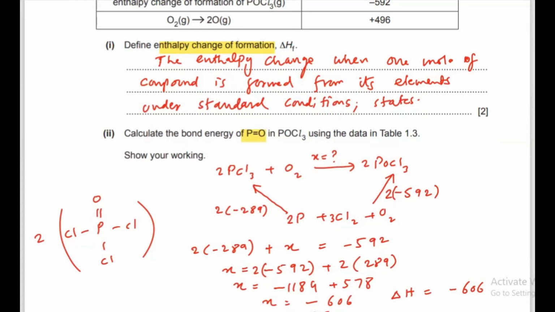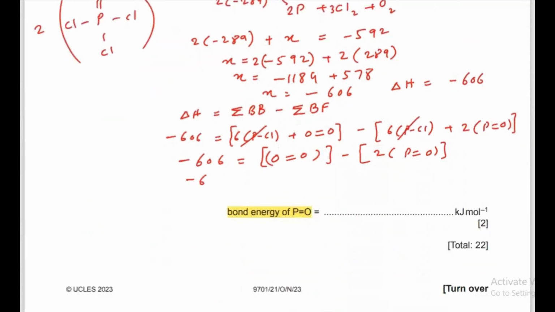Yes, this is 496. So minus 606 is equal to 496 minus 2 P double bond O. So 2 P double bond O is 606 plus 496, which is 1102, because we have to calculate the bond energy of P double bond O.